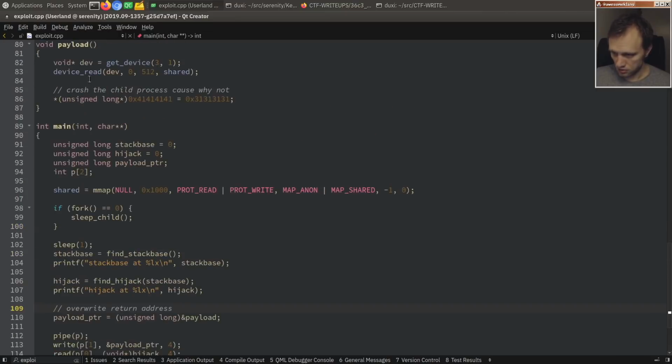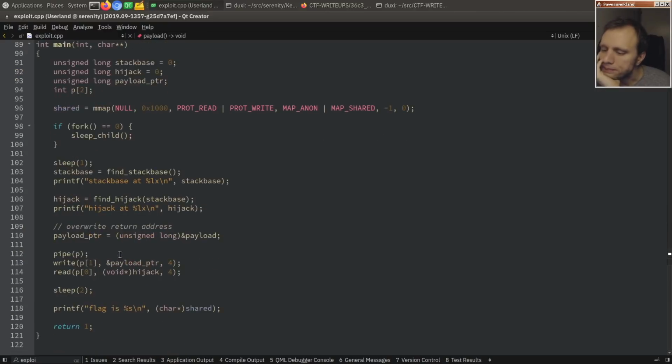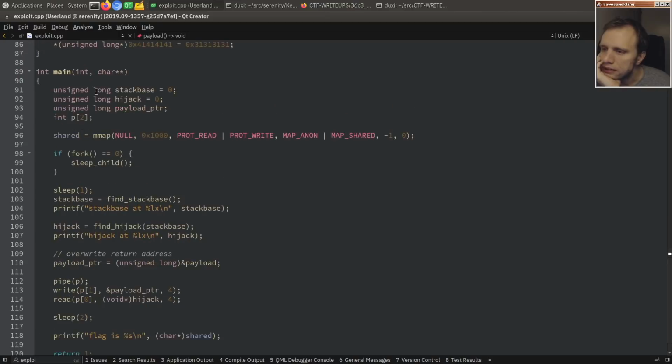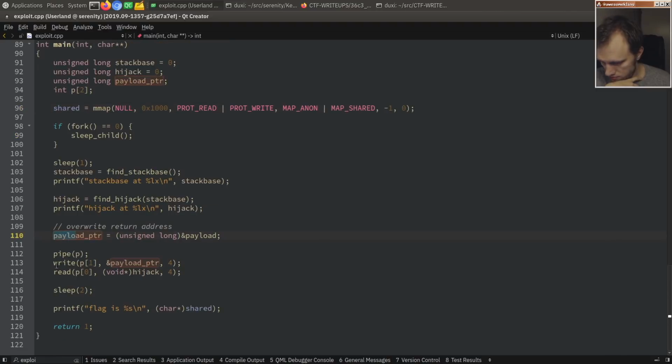And the payload, as we mentioned, reads into this memory here. And that memory is this shared mapping that we set up right here. And then we can just print it out down here.